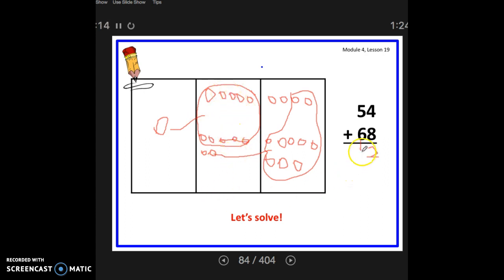So I'm going to put down 2, and I'm going to put the 1 on the line in the hundreds place. So if you look at this, it's 5 plus 6 plus 1 equals 12. And how many hundreds do I have? I have 1. Now I can look right here, and I can look to see what is not circled. 100. I have 2 10s and 2 1s left, which is 122.